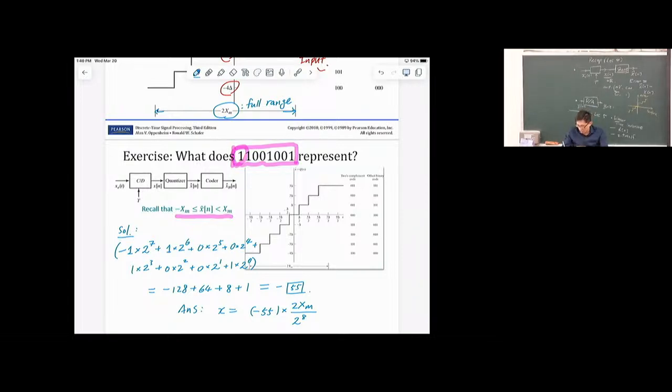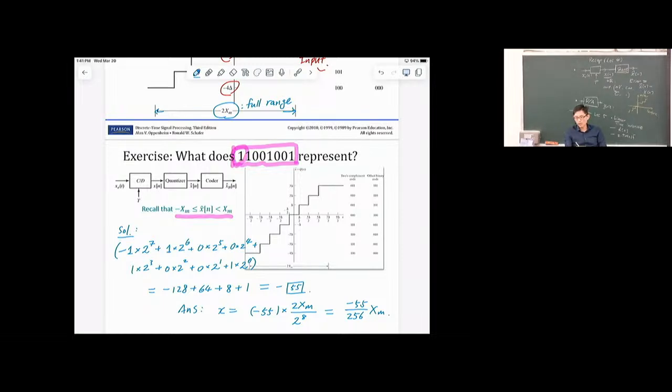So we have 256 at the bottom. Minus 55 divided by 256 times xm. That's the answer.